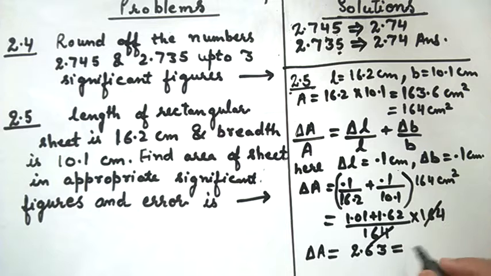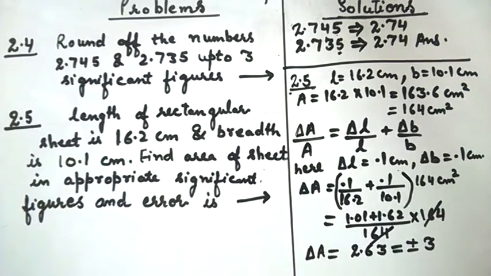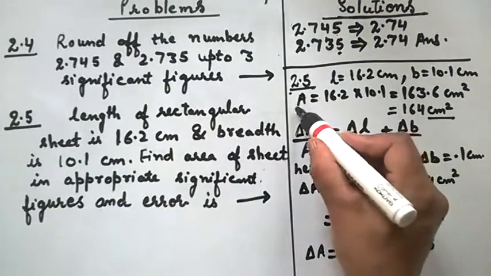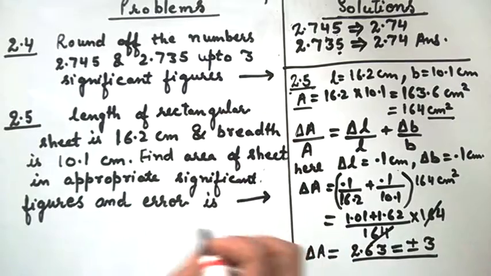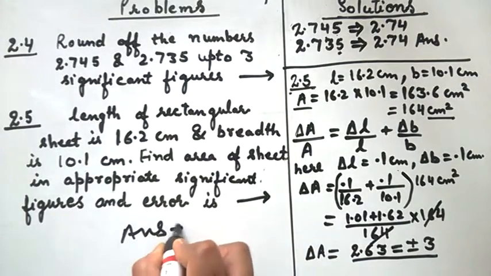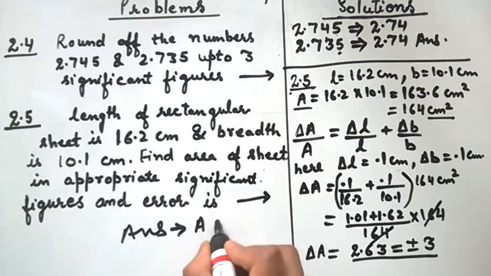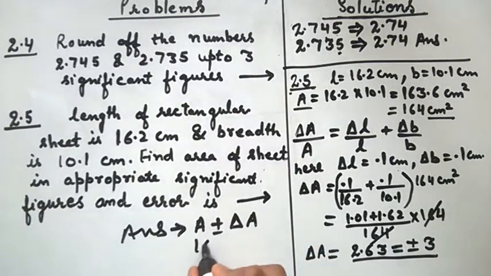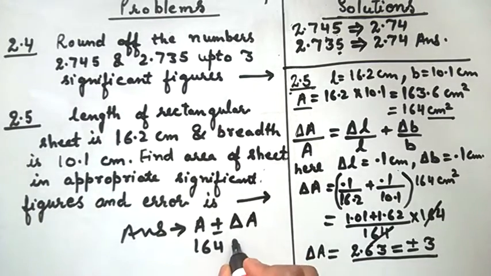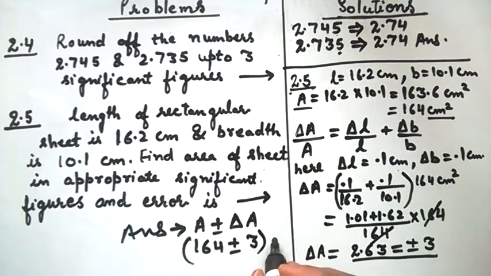So 2.63 can be written as plus minus 3. So the total answer is area plus error, that is 164 plus minus 3 centimeter square.